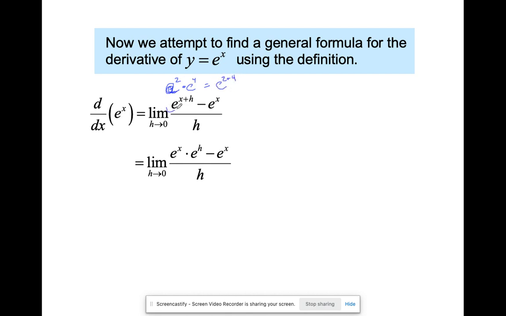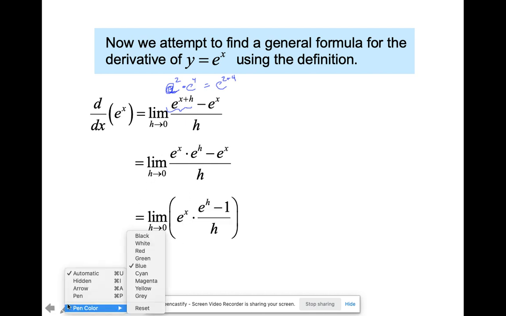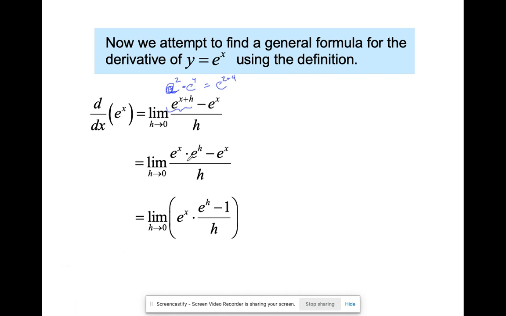So I just went backwards with this little piece here. E to the x plus h is the same as e to the x times e to the h, and that allows me to factor. I factor out an e to the x, right? So I pull an e to the x out front.